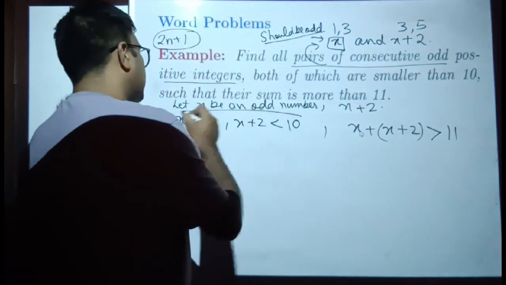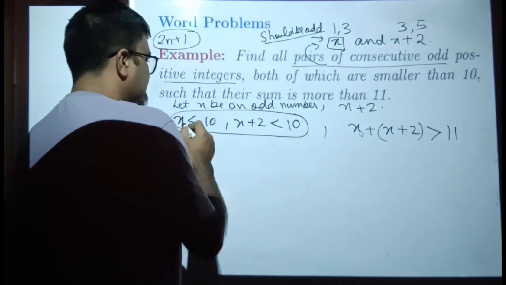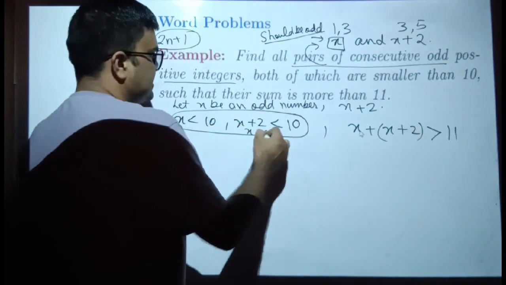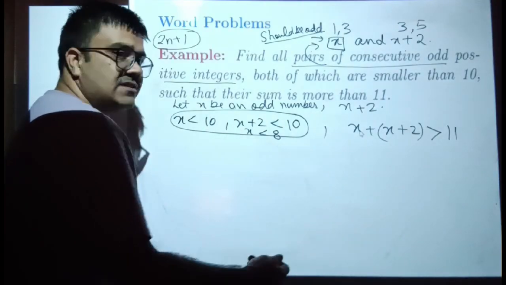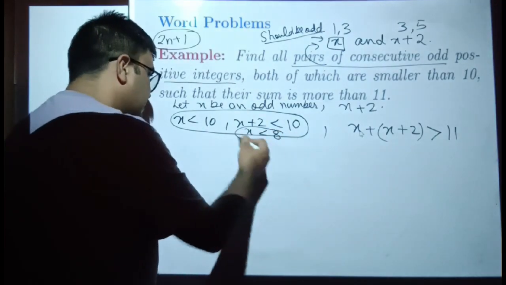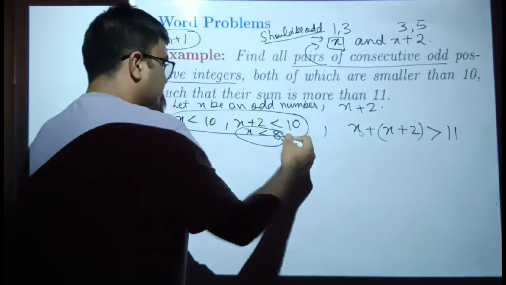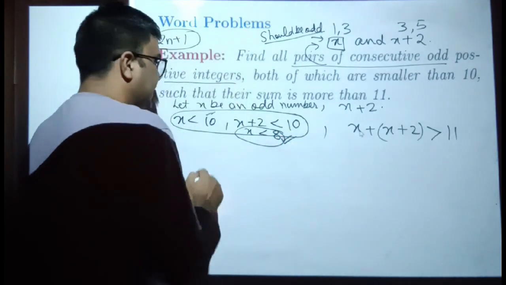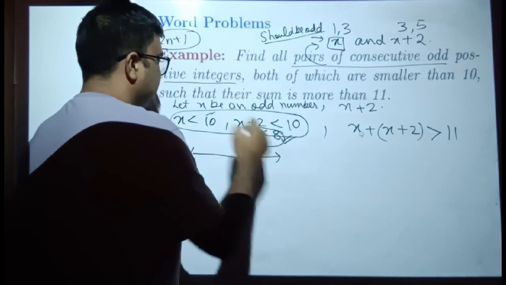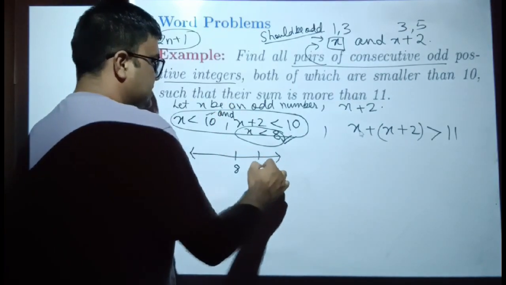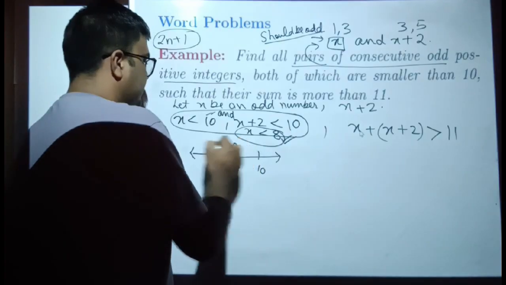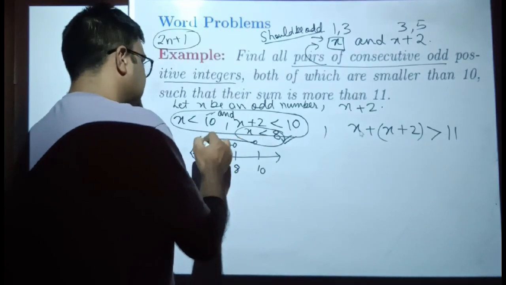If we look at these two conditions, we are saying x is less than 10 and x is less than 8. Which of these conditions is more powerful? This one, because if this holds, the other will automatically hold. Another way to look at this is, over here this is 8, this is 10. We are talking about x is less than 8, and x is less than 10.